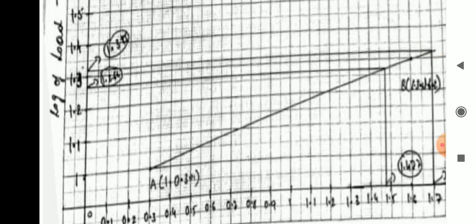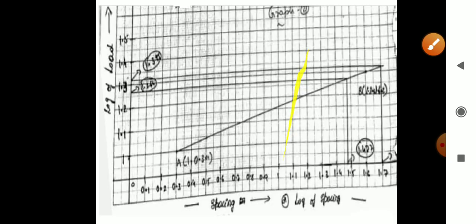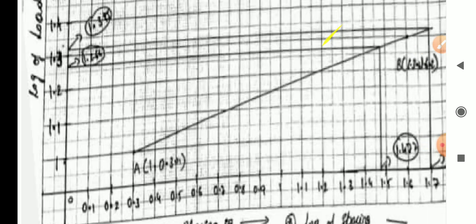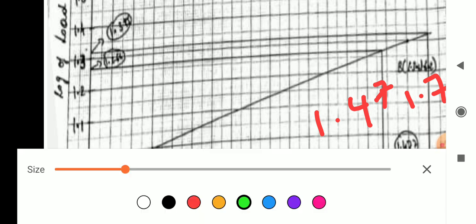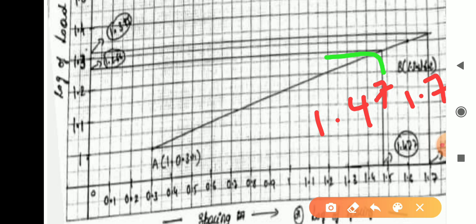Same case here also: we have to plot point A and point B. Now for 1.47 this one, and similarly 1.7. For 1.47, how much is this one?